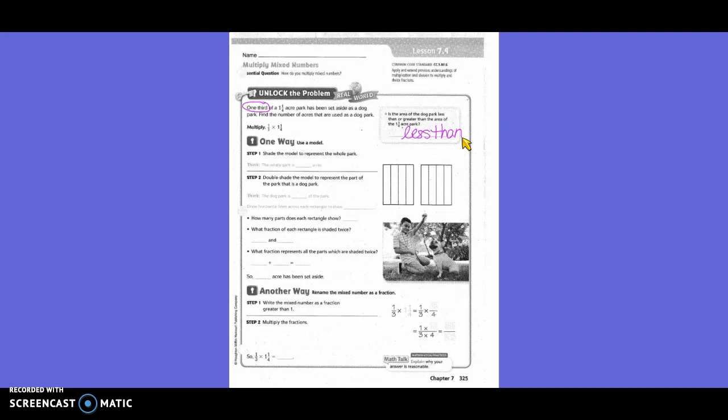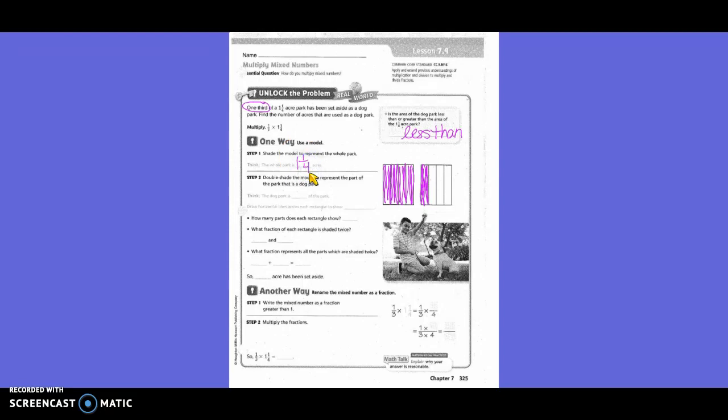And since you are just using your pencil, you need to lightly color in all of it. Then how much of the next rectangle am I going to color in? One. Just one box, 1/4. So the whole park is what, guys? 1 1/4 acres.